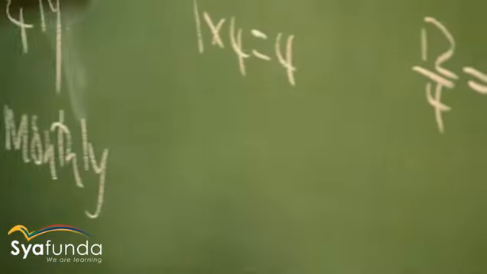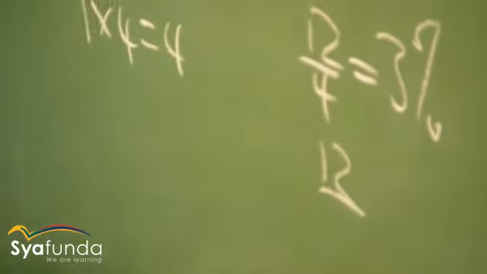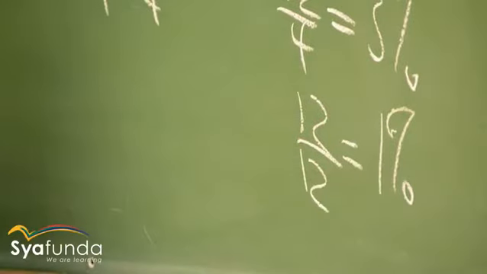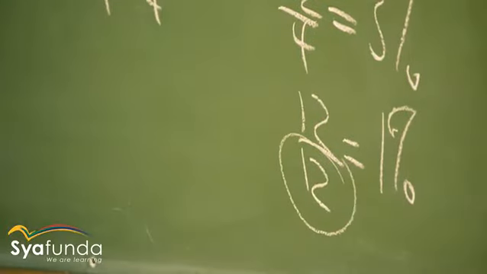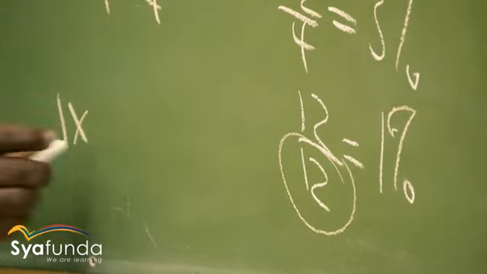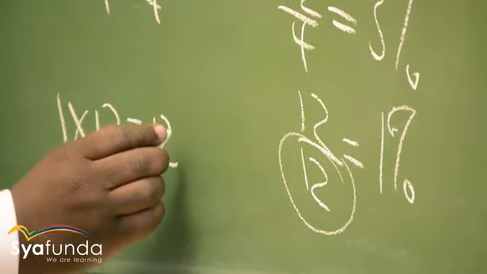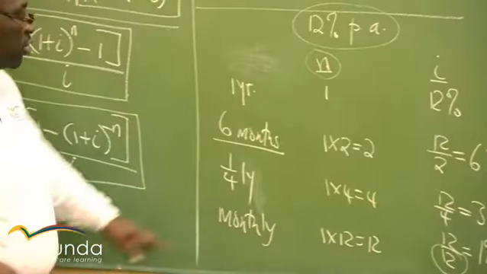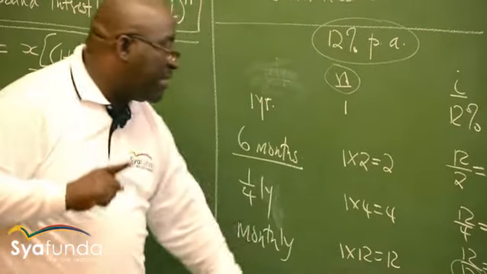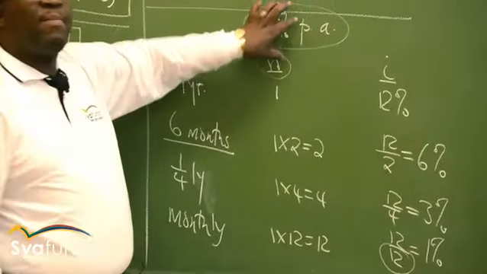So in other words, if the i was 12%, and I'm going to put the interest every month, I need to divide this by 12 such that I get 1% for every month. Remember, whenever I divide by 12 there, I've got to multiply it by 12 this side. Remember, it was per annum 1, so I multiply it by 12 to get 12. So I'm going to put these interests 12 times in 1 year, but those will be 1%, so that over the whole year, it will come back to that 12%.